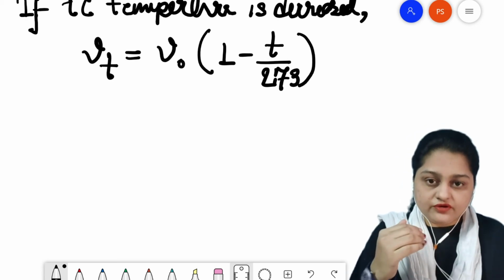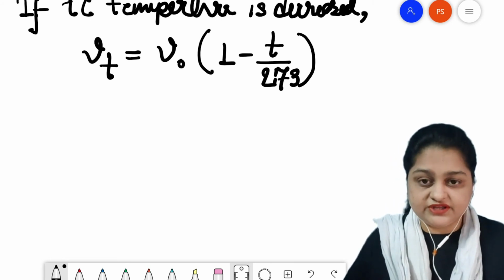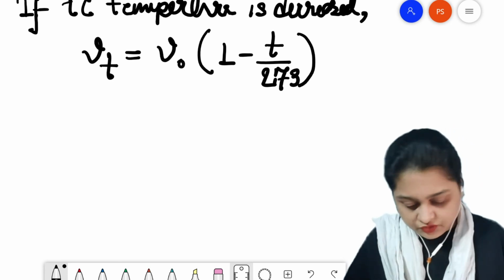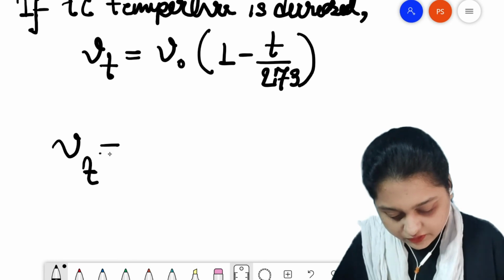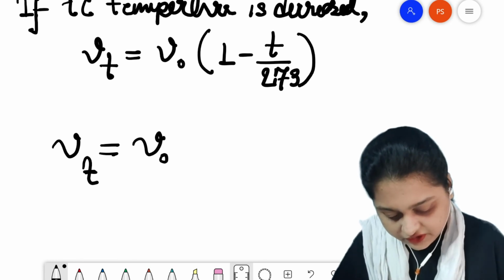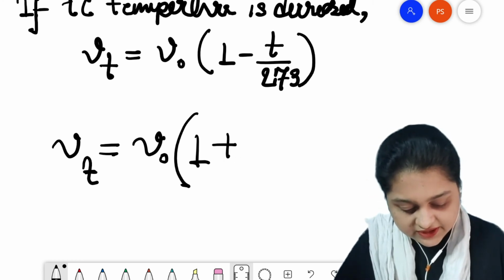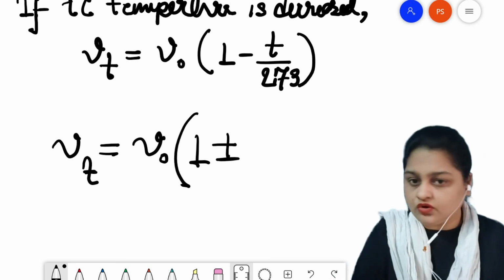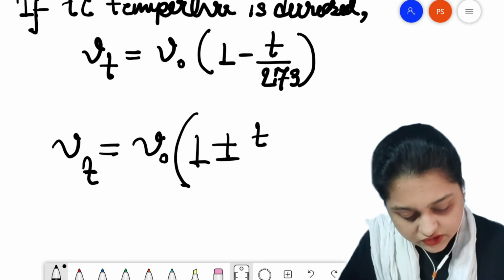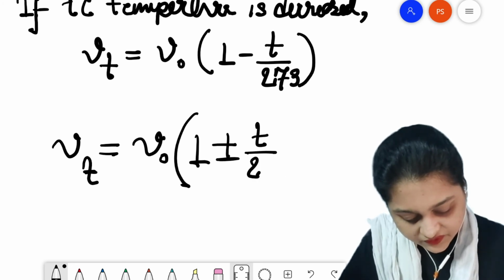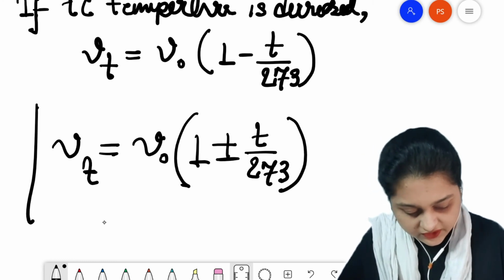In that case, with the temperature increased or decreased to T degree Celsius, the expression of new volume will be Vt equals V naught whole into 1 plus or minus T by 273, depending on whether the temperature is increasing or decreasing. This is the general expression for Charles' law.